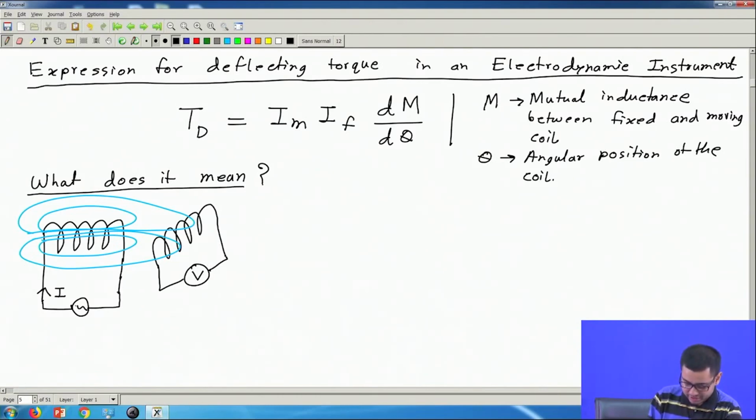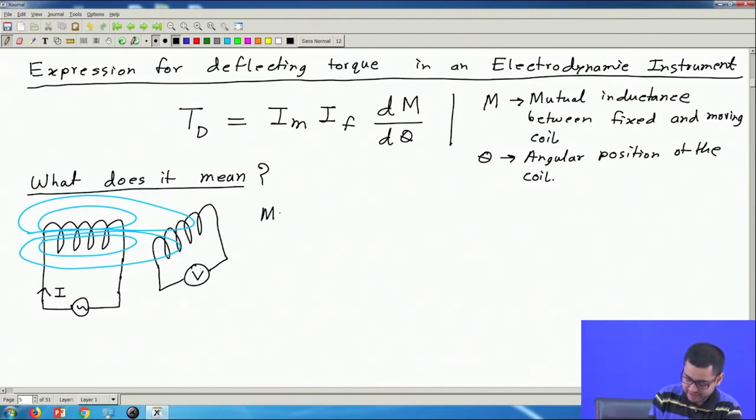Why? Because the current in the first coil is changing, which changes the flux that is also linked to the second coil, and therefore some EMF or voltage will be induced. This is called the mutual inductance.